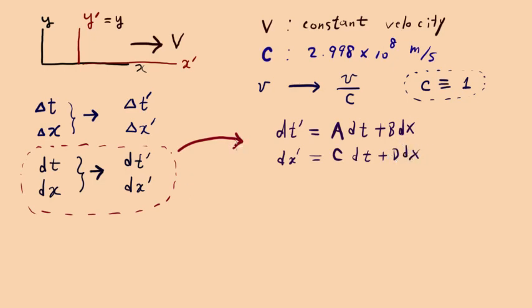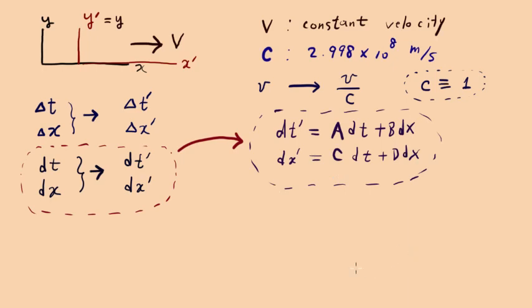And why can you do that? What's the basis for doing that? Well, the reason we can do that is because these dt, dx, dt prime, dx prime are so small that any error you introduce by ignoring so-called nonlinear terms, which are squares of dt's and dt times dx and so on and so forth, is completely negligible.